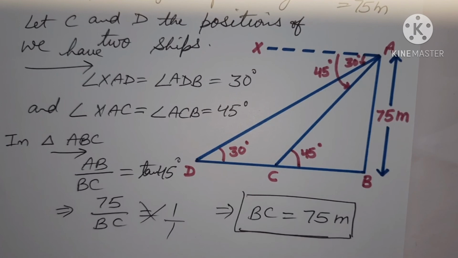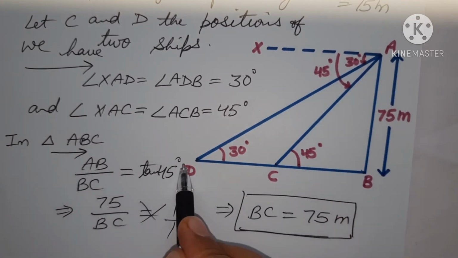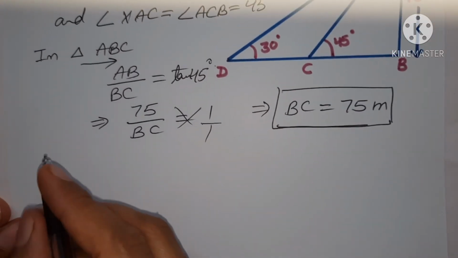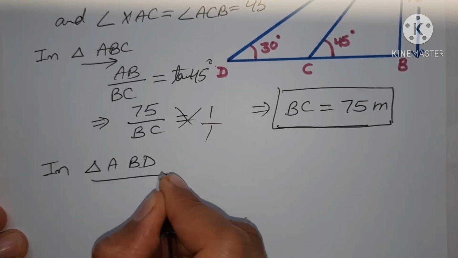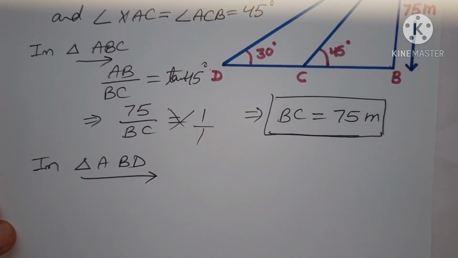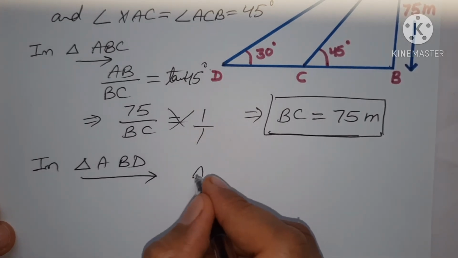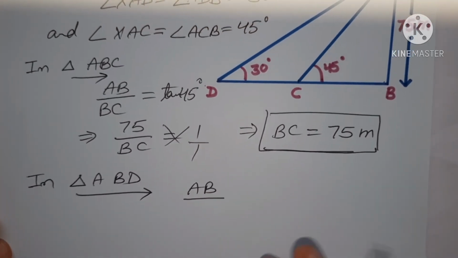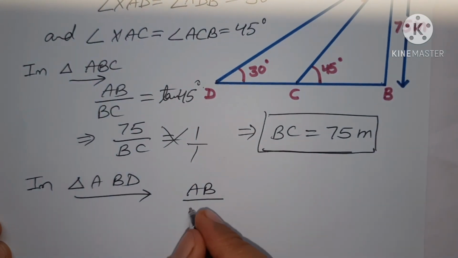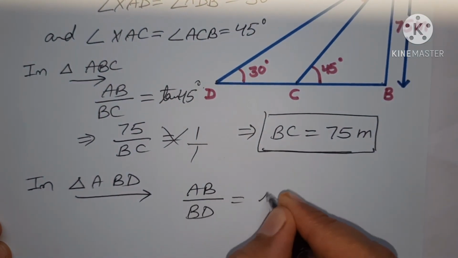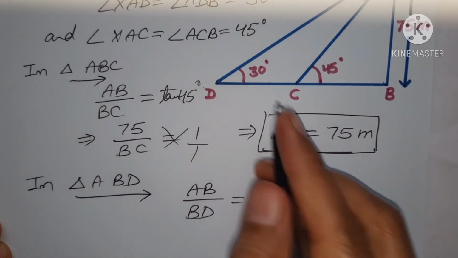Now we will take another triangle ABD. So we will write in triangle ABD, in this triangle AB is perpendicular to BD. So we will write BD, and angle is 30 degree.